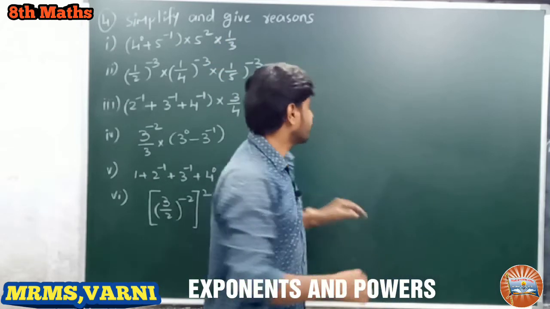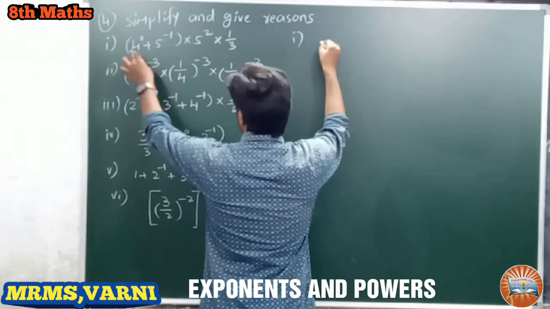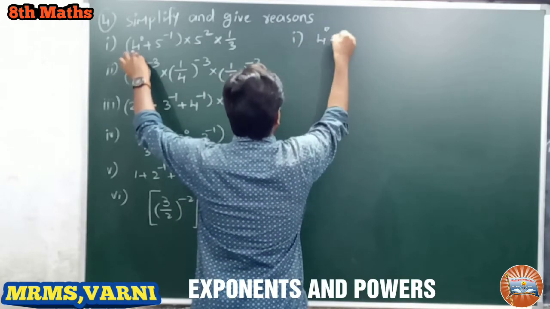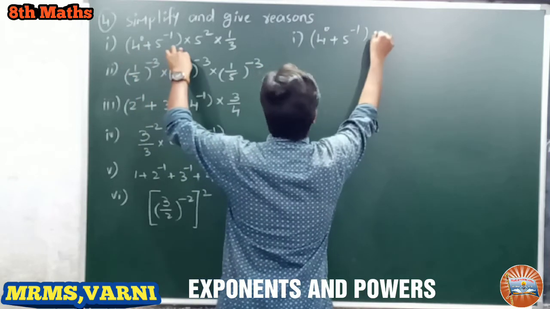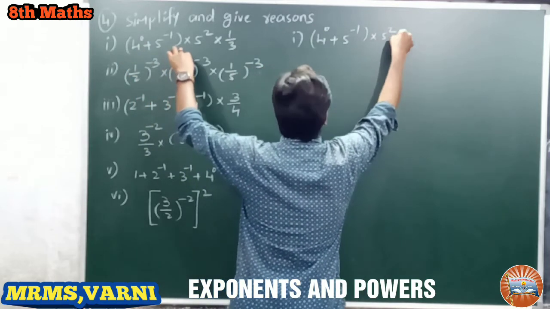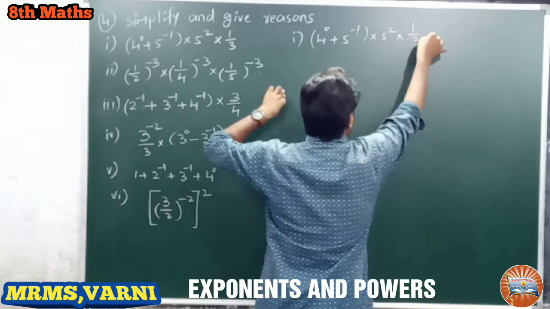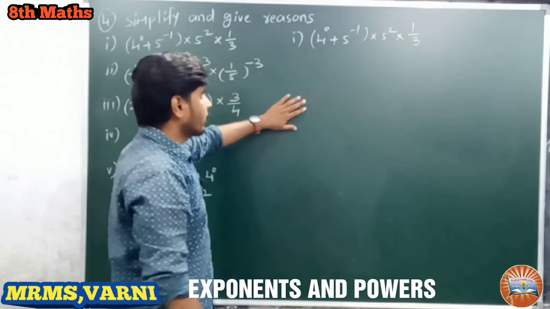Look at here. 4 power 0 plus 5 power minus 1 into 5 square into 1 by 3 is the given question, right?